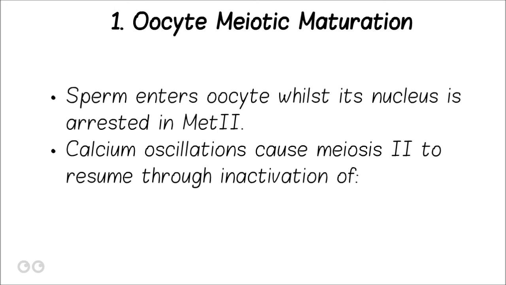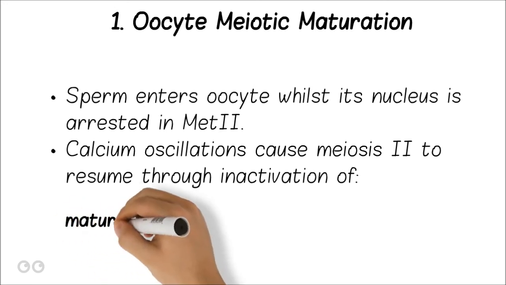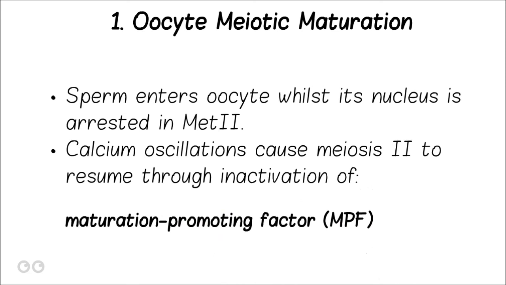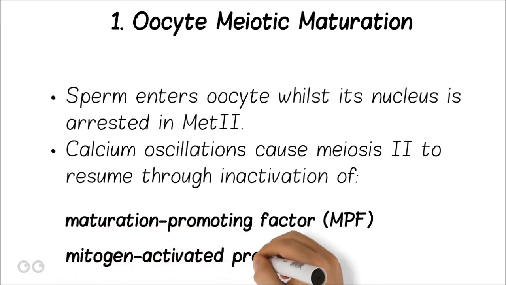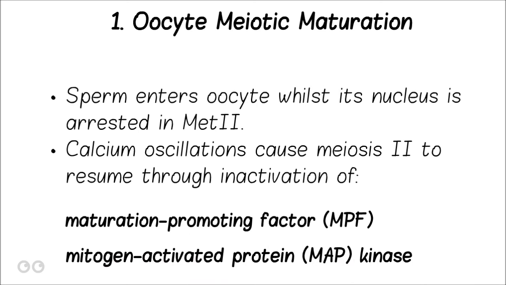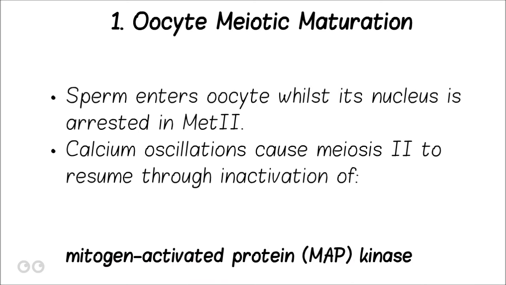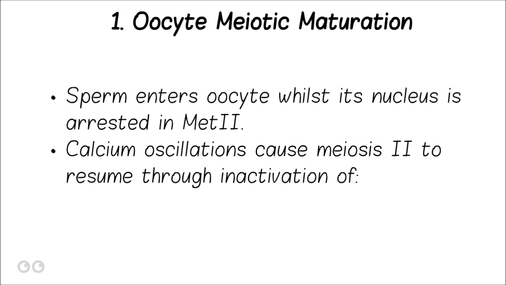Calcium oscillations, stimulated by sperm entry, cause meiosis II to resume through an activation of the maturation promoting factor, which had initially arrested the oocyte in Met2, and mitogen-activated protein kinase. Inactivation of one kinase without an activation of the other induces only limited oocyte meiotic maturation.